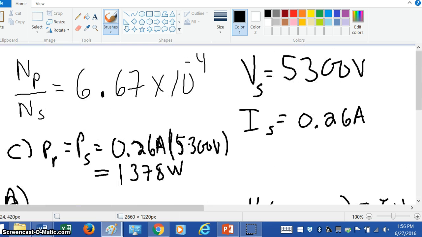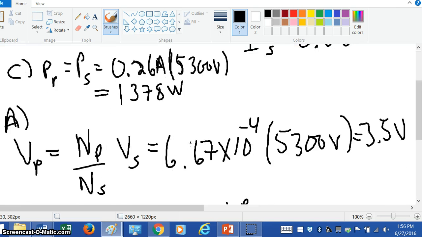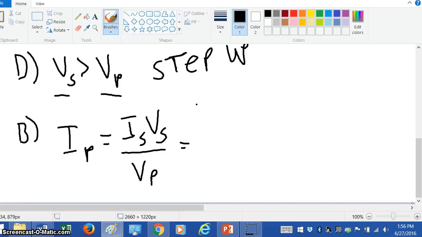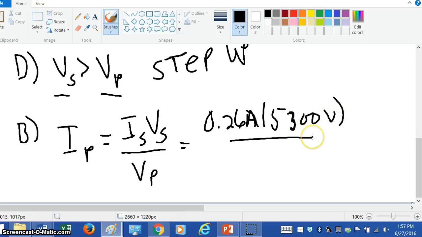So we have 0.26 amps times 5,300 volts divided by what was it, 3.5, right? 3.5, the voltage in the primary that we just solved for. Notice the volts cancel, and that'll give us our current in the primary.